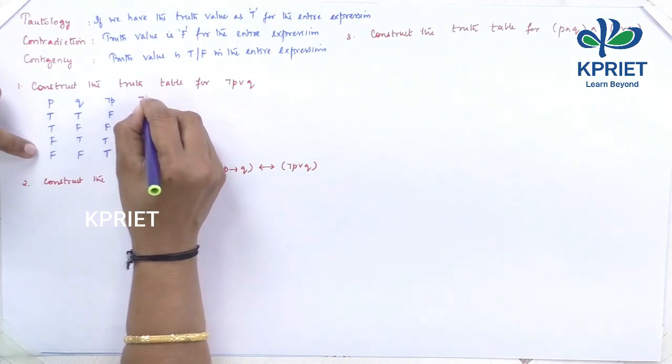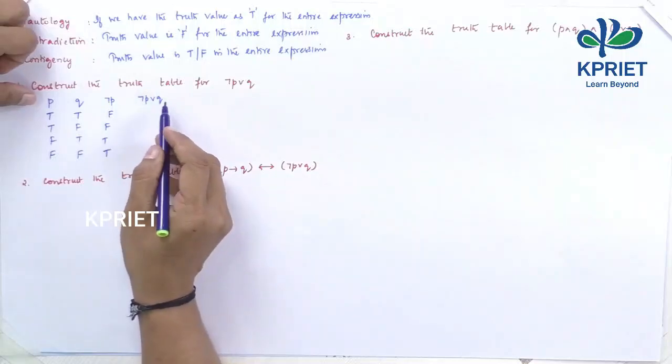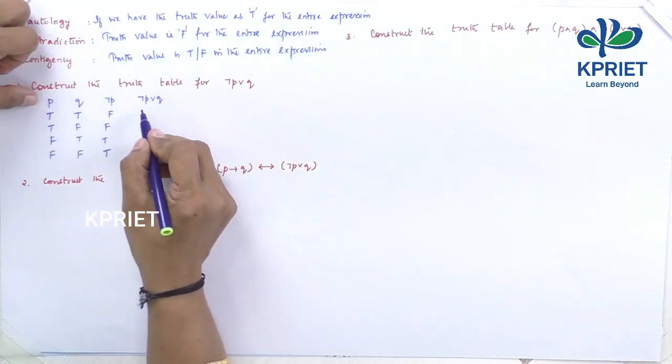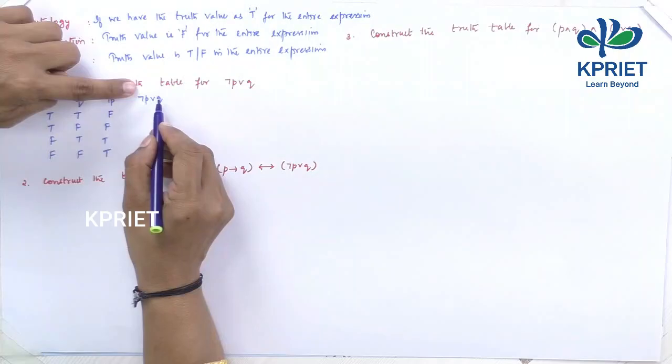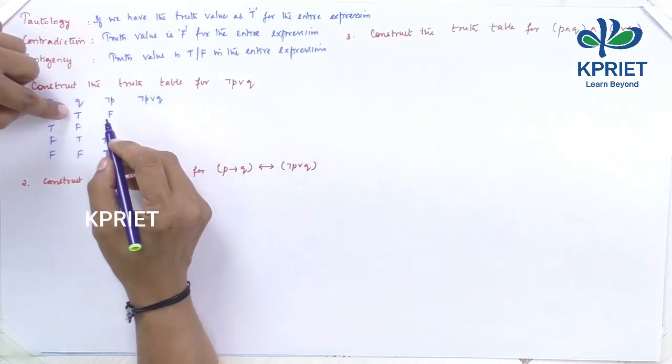So, that is F, F, T, T. And next we will have to find out what is negate P or Q. Negate P or Q, how do we assign the truth value for this? If both negate P and Q have a truth value as F, the net resultant will be F. Where is it?